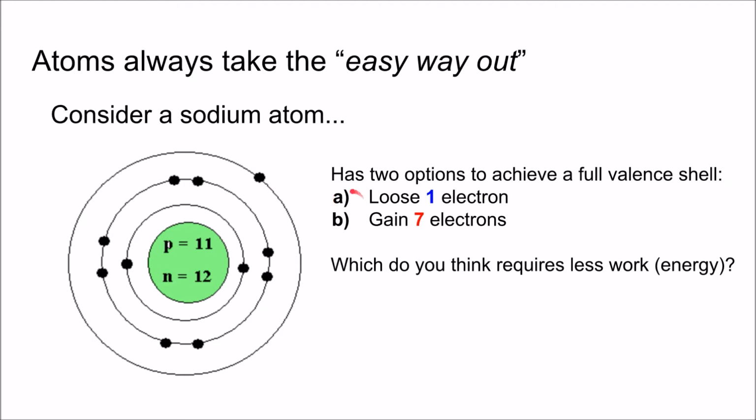Option A is the easiest option. So what that means is that if we have a sodium atom, when sodium becomes an ion, it's going to lose 1 electron. It won't gain 7 because that's just too much work, and so since we want the easiest way out, a sodium ion will lose 1 electron.